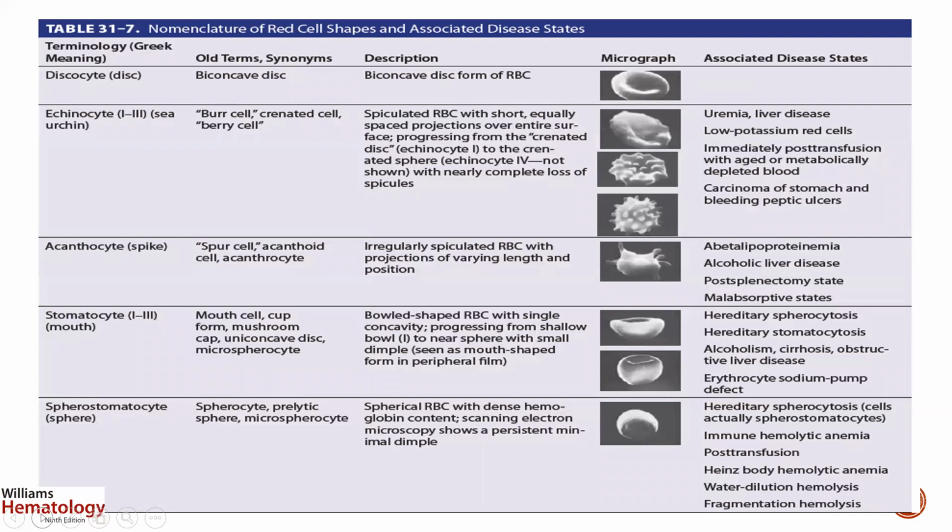Acanthocytes are represented by cells with irregular spiculated projections of irregular distribution and can appear in cases of alcoholic liver disease or malabsorptive states. Spherocyte, which is a microspherocyte with dense hemoglobin content, on electron microscopy usually shows a persistent minimal dimple, and appears in immune hemolytic anemias, hereditary spherocytosis, or post-transfusion problems with different types of fragmentation due to hemolysis.